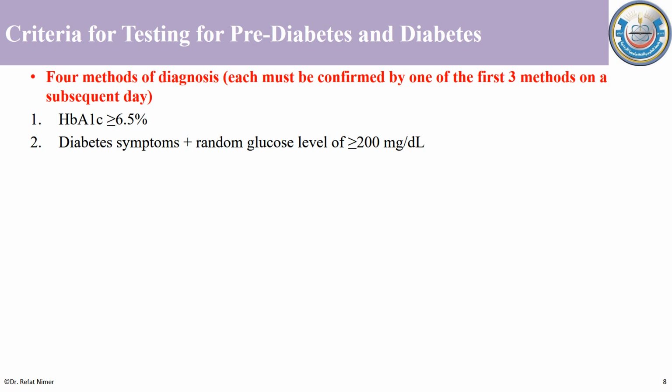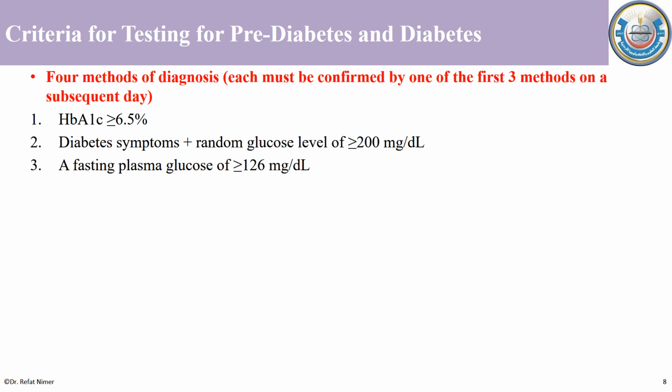So if you did hemoglobin A1C for a patient and it is more than or equal to 6.5, then this patient is diabetic. Or you did the random glucose level, and the result was more than or equal to 200 milligrams per deciliter with diabetes symptoms, then this patient has diabetes mellitus.